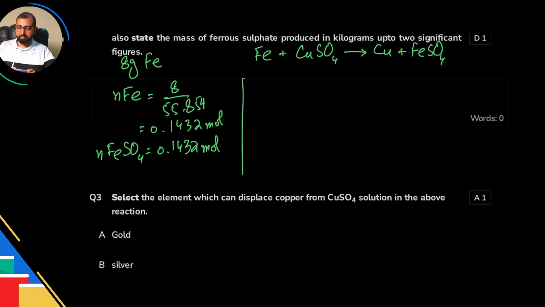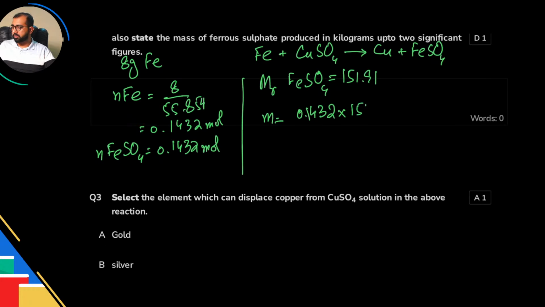Okay, so that gives me a total of 151.91. So I'll say that the Mr of ferrous sulfate is 151.91. So the mass is going to be the moles, 0.1432, times this.